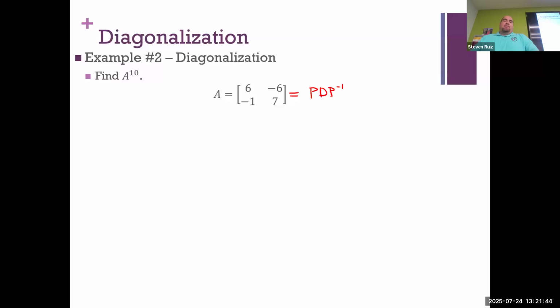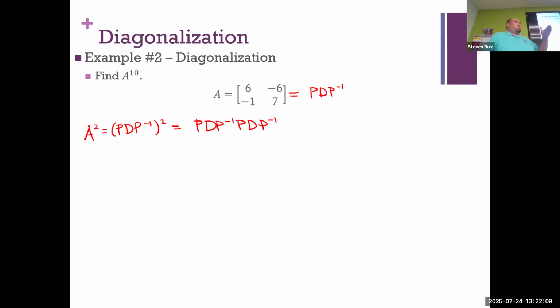If A is equal to this, then what does A squared look like? Isn't it also PDP inverse squared? Which is PDP inverse, PDP inverse.